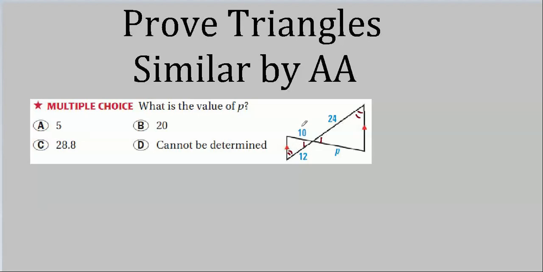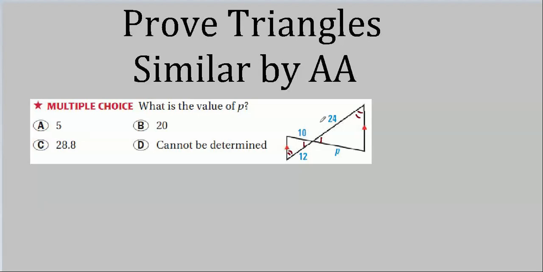In fact, I could have used this as the transversal and pointed out that these were alternate interior angles. Either way works. The point is, as long as we get two that we can show are congruent, we've got similar triangles.